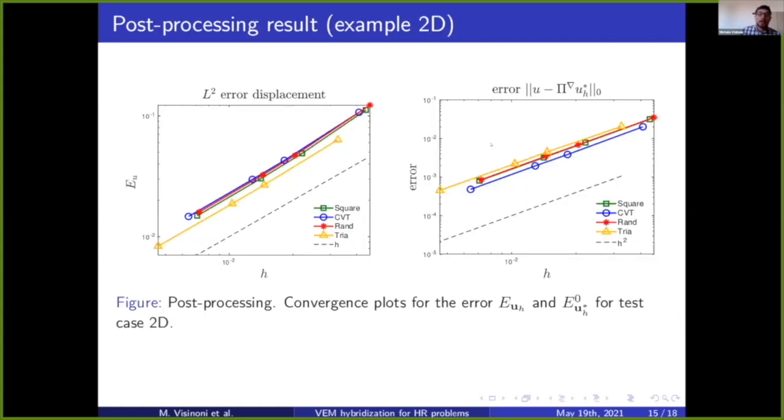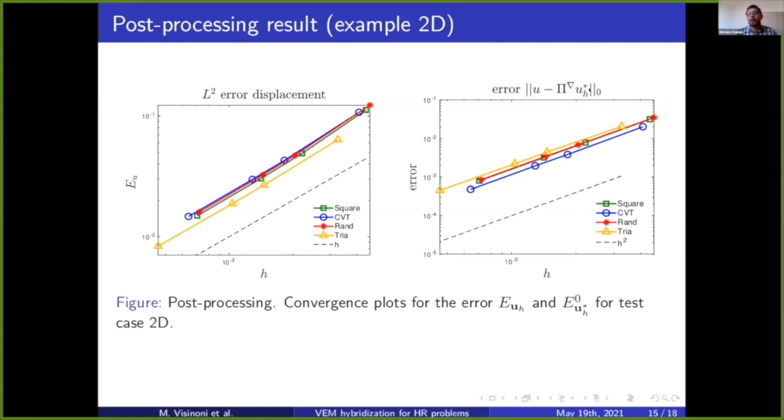The second result is about the second aspect of the hybridization procedure, which is the post-processing. These are the convergence results of the post-processing. On the left, we consider the L2 error norm of the displacement of the discrete solution, u_h, which is a rigid body motion. We know the solution, so we can compute this error exactly. On the right, we consider the L2 error norm of the reconstruction.